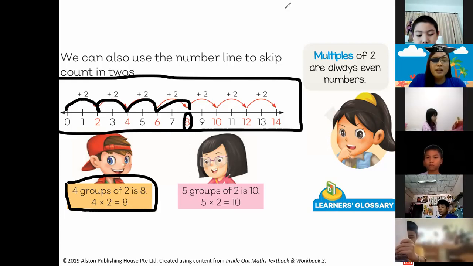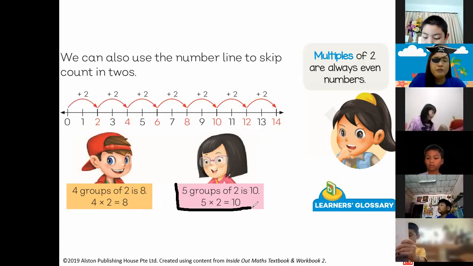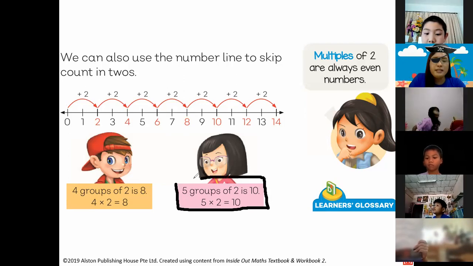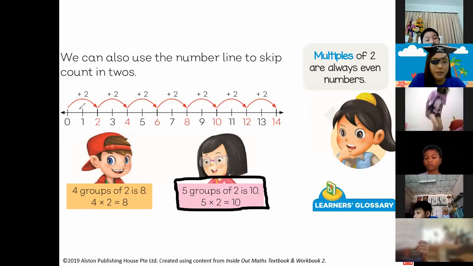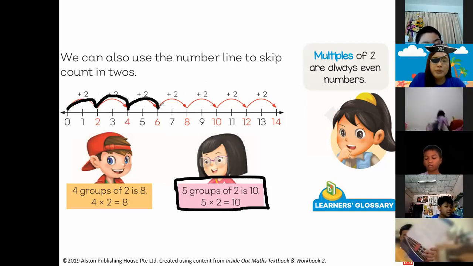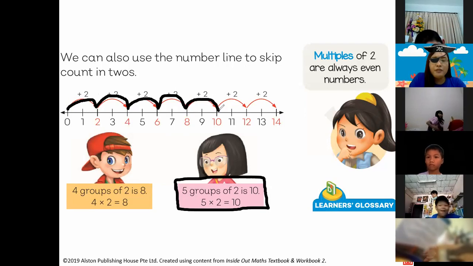Let's try another one. 5 groups of 2 is 10. So let's make 5 groups by 2. 1 group, 2 groups, 3 groups, 4 groups, and 5 groups.